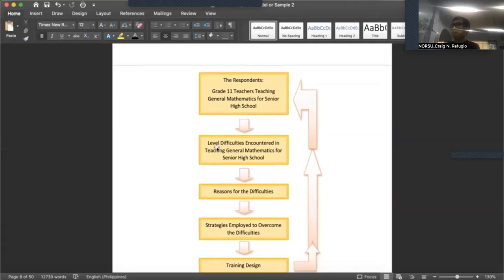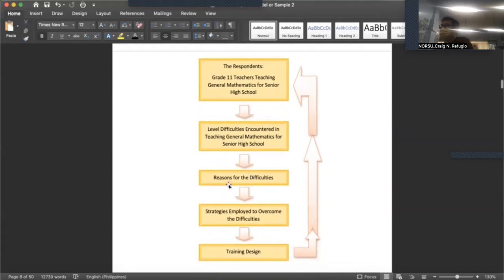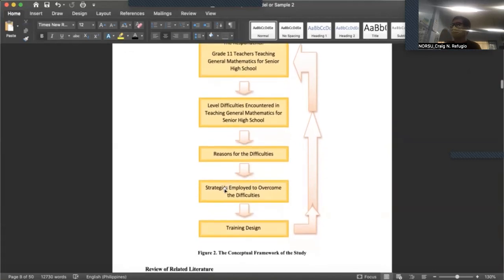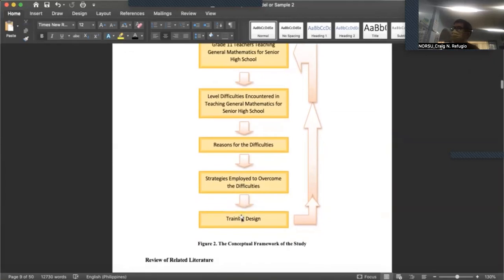For this box, there is a variation among yourselves because you have different subject or field of specialization. So this box would have a variation on the content. But for this box, all of you would have the same format, reasons for the difficulties. And the next, strategies employed to overcome the difficulties. And the last one is training design.